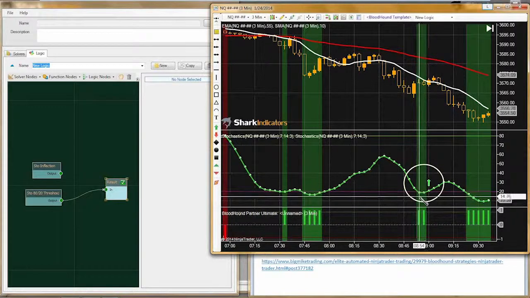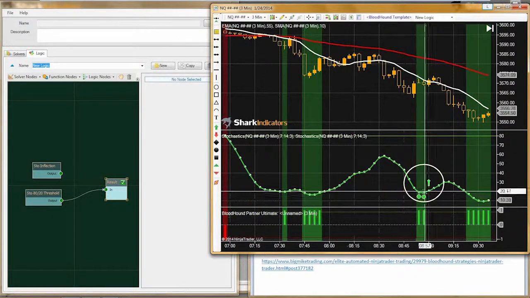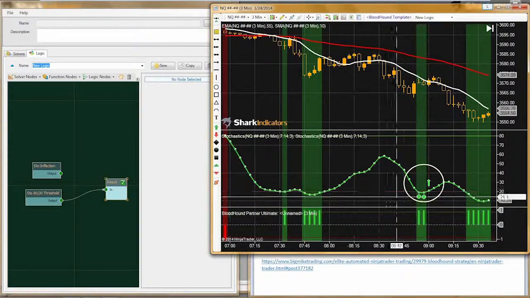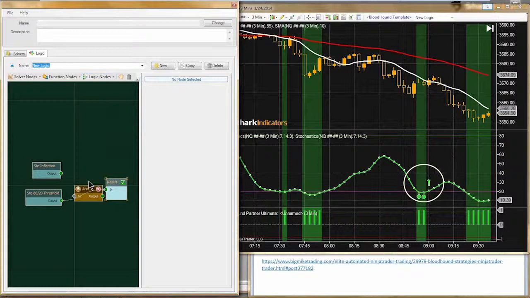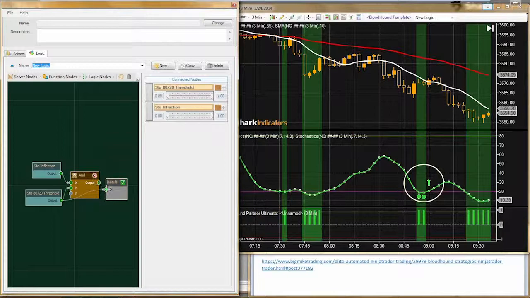And we'll note that these two green dots represent when we're below the 20 area. So now what we're looking for is we want to know when both occur at the same time.